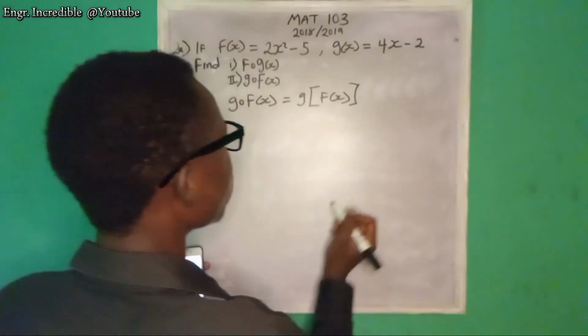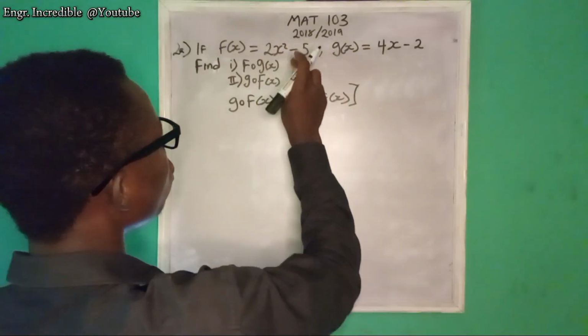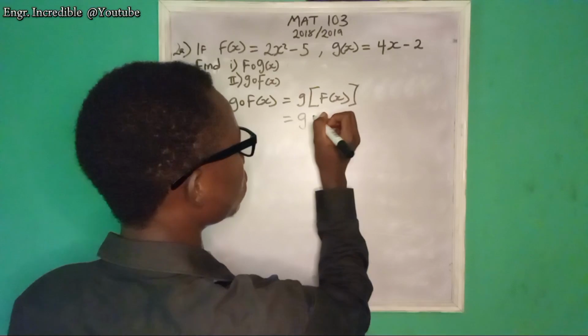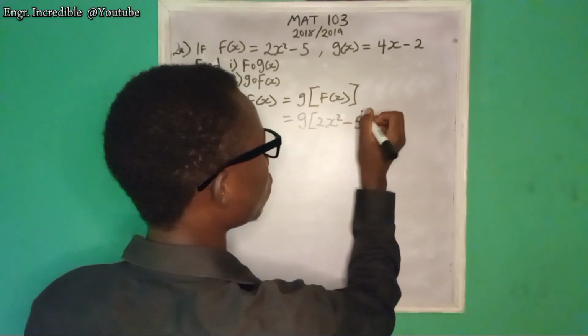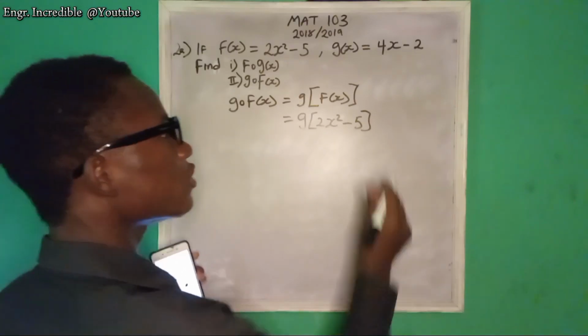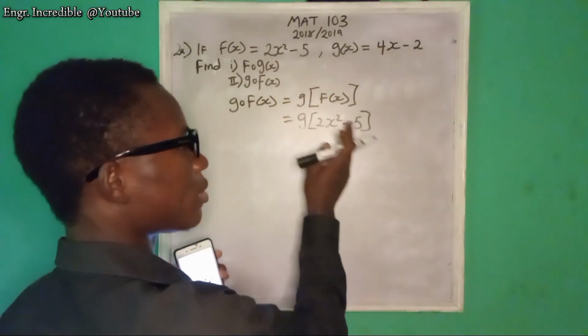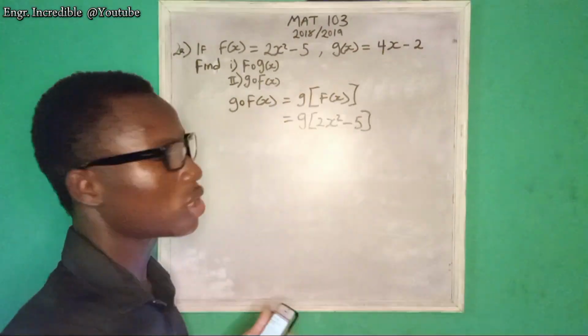So in g o f of x, what is f of x? f of x is equal to 2x squared minus 5. That means this is equal to g in brackets 2x squared minus 5. But if g of x is equal to 4x minus 2, what is g of 2x squared minus 5? That means we are replacing the x here with 2x squared minus 5.